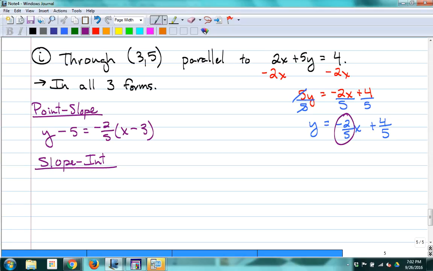Get y by itself, and to do that, say, add 5. We can't do that yet. Distribute. Got to distribute first and then add 5. Okay, so we're going to have y minus 5 is equal to negative 2/5 x plus 6/5. There was a fraction there, but that's okay. Not a big deal.